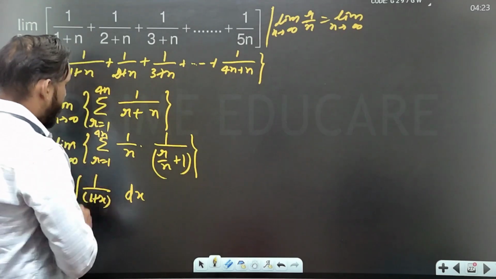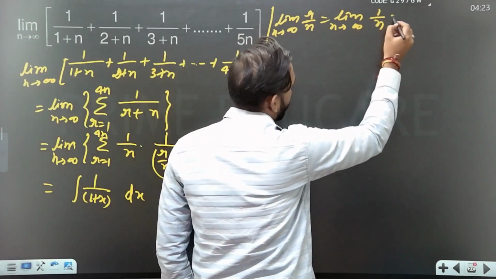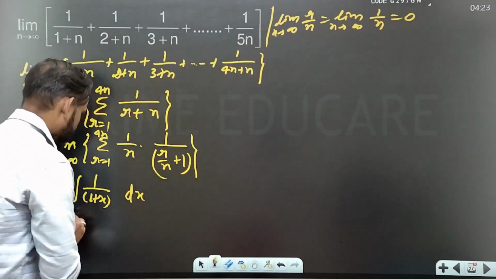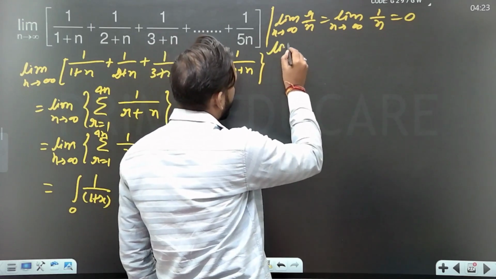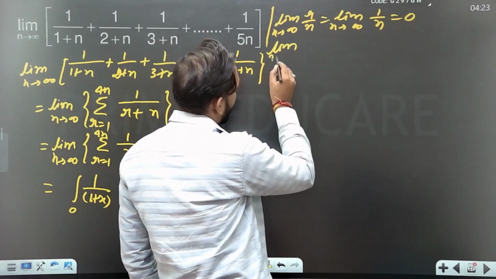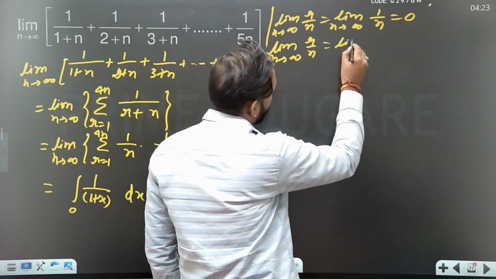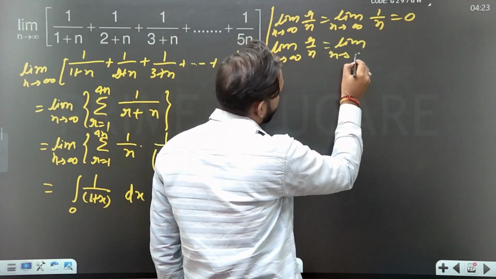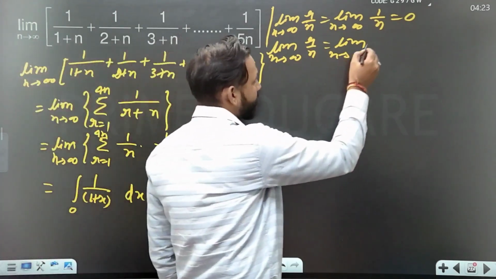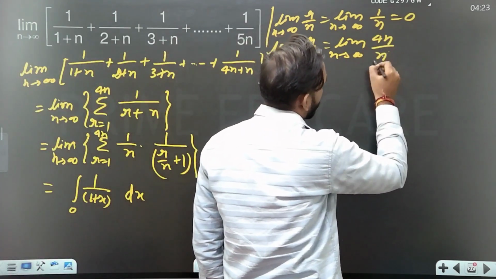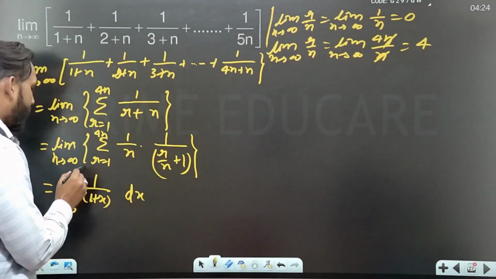The lower limit of r is 1, so 1 over n as n tends to infinity gives the lower limit 0. For the upper limit, the limit as n tends to infinity of r over n, with the upper limit of r which is 4n, n cancels out and we get 4.